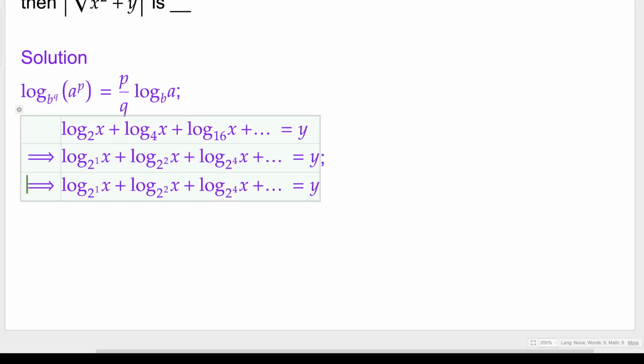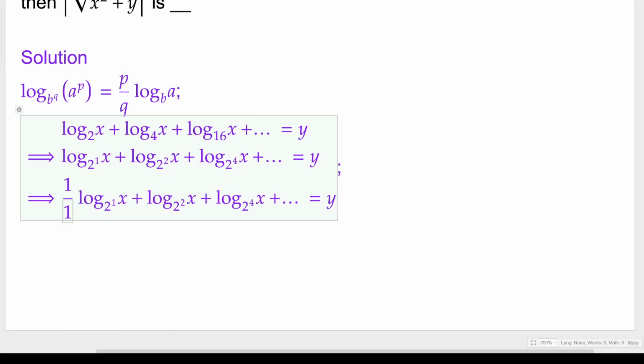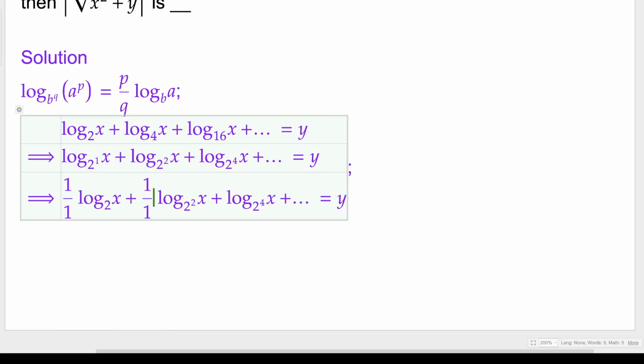So this one can be written as the power of x is 1 and the power of the base 2 is also 1. That's done. The next one, the power of x is 1 and the power of the 2 is 2, so this becomes log x base 2 again, with a factor of 1 over 2. Similarly here, 1 over 4 and the base would be 2.